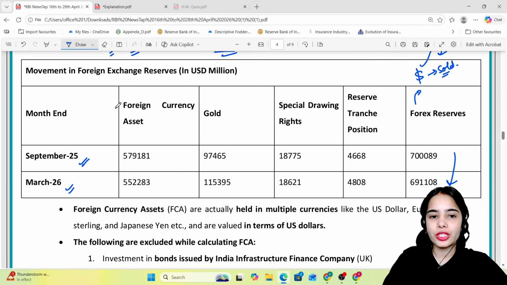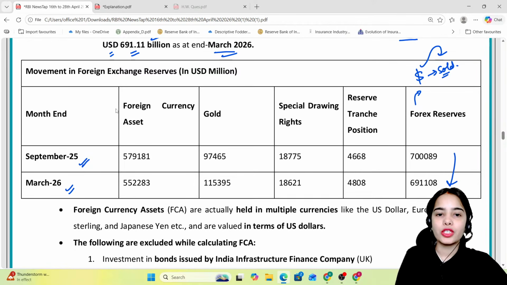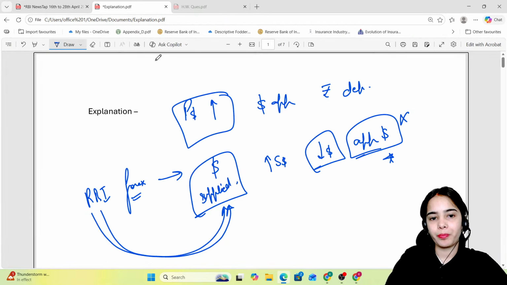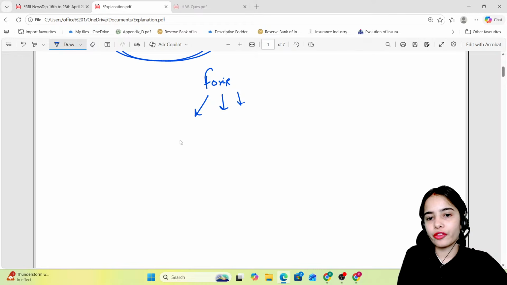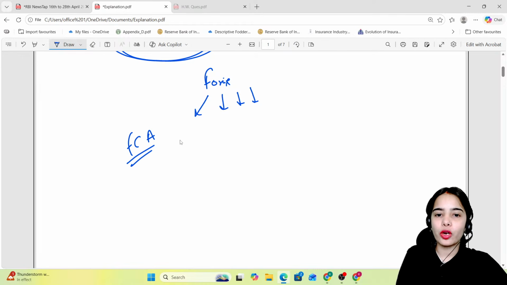Now, what are the components of the foreign exchange reserves?